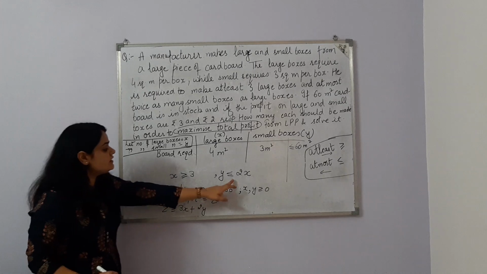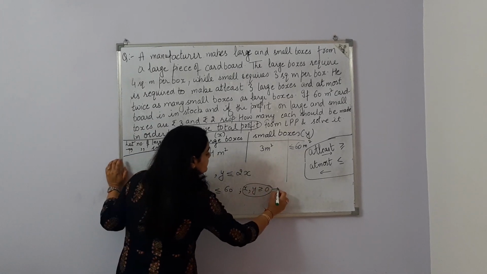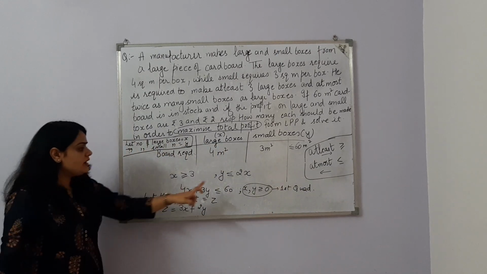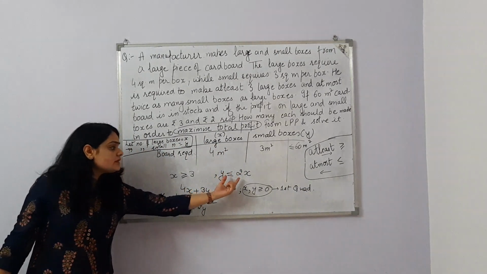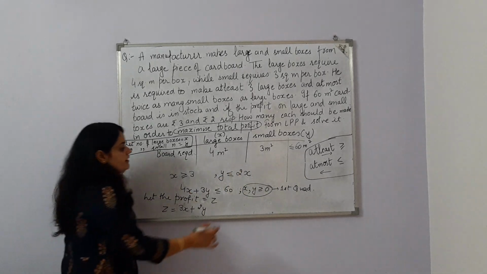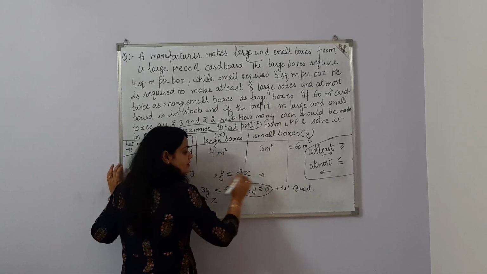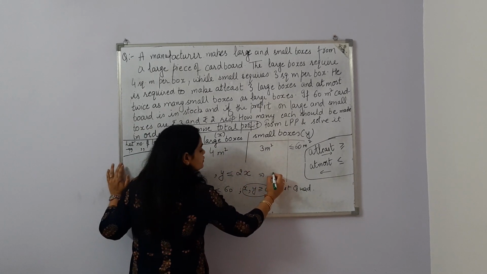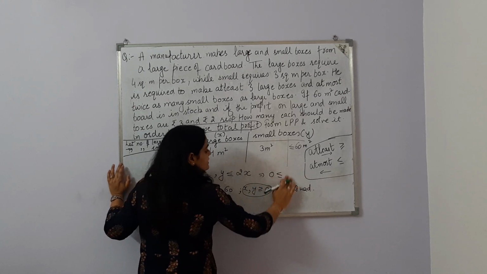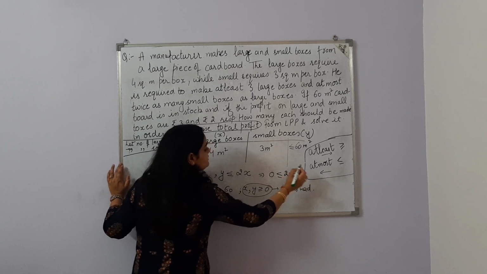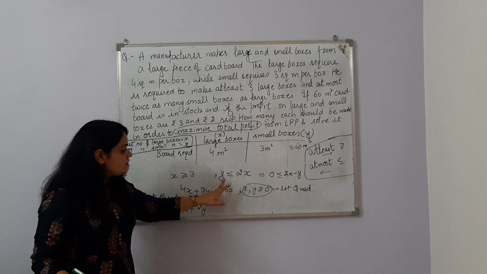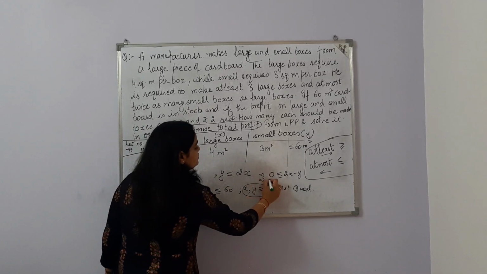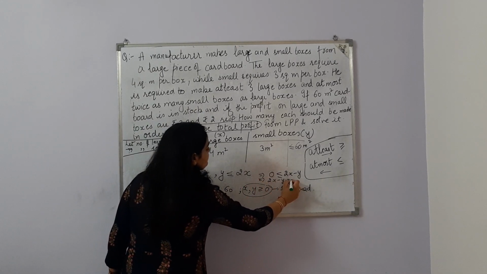Now we have three constraints, and of course it is saying first quadrant. Now we can solve y less than or equals to 2x. When y goes to the right hand side, it becomes 0 less than or equals to 2x minus y, or we can say 2x minus y greater than or equals to 0.